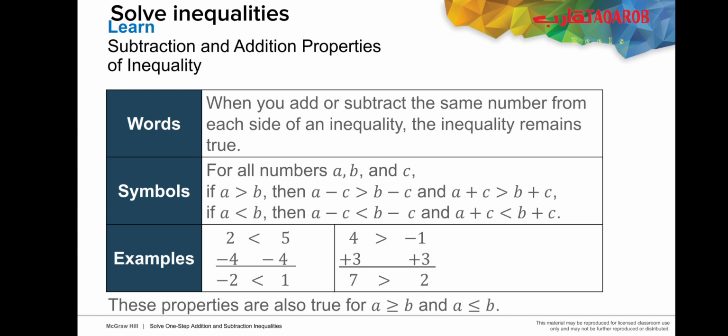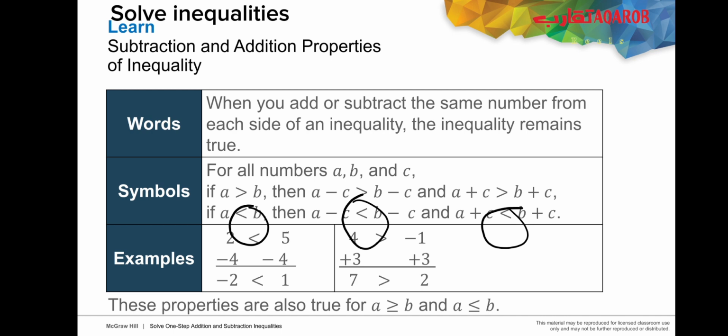If a is less than b, then a minus c and b minus c will keep the inequality as it is. We will not change the inequality. Adding or subtracting numbers will not change the inequality.